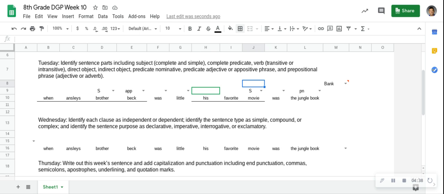We have to find our verb. Verbs. So yes, we have 2 verbs. Are they the same? What are they? Are they VI or VT? What's our direct object then?